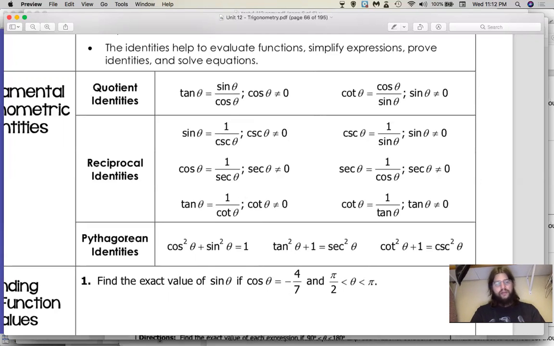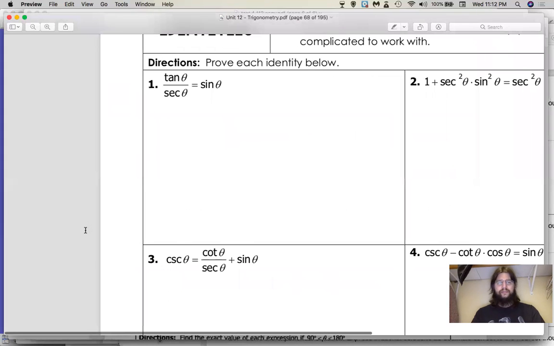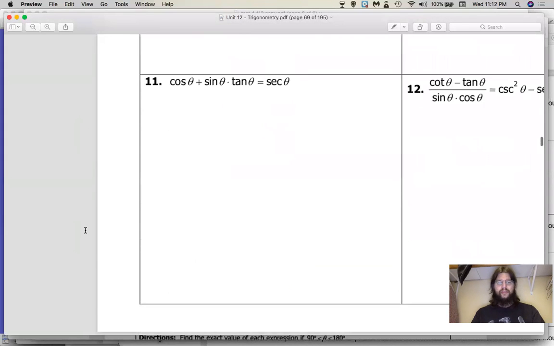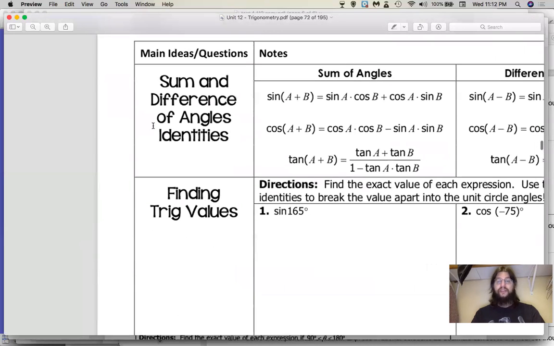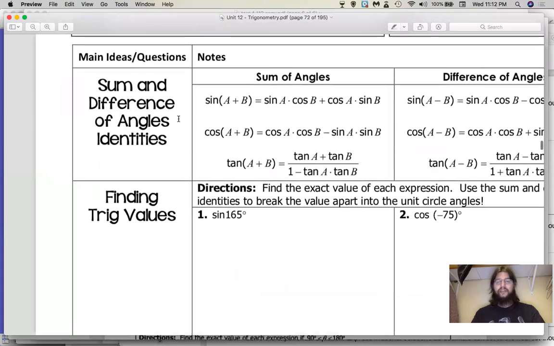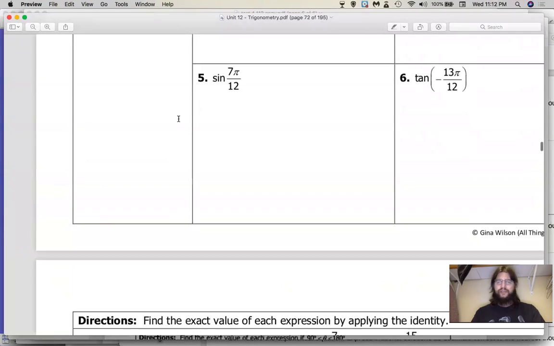Next time, we'll be looking at half angle, double angle. Actually, let me scroll down and tell you exactly what. We're going to be looking at some new identities. Sum and difference. Okay, so they're going to do sum and difference next. We'll probably apply them too.